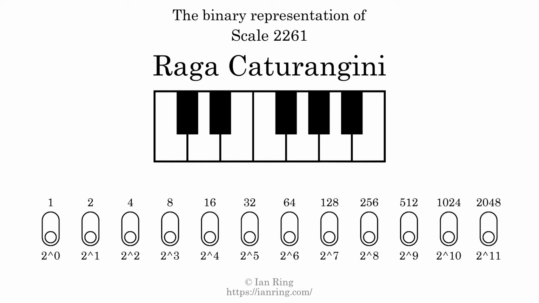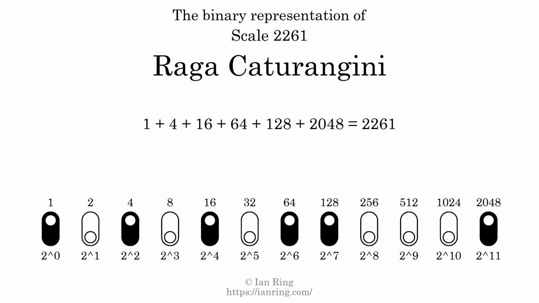The binary representation of this scale is determined by mapping tones of the scale to binary digits. Each binary digit represents a power of 2. To get the scale number, we add the powers of 2 together. The powers of 2 that are present in the scale, all added together, equals 2261.